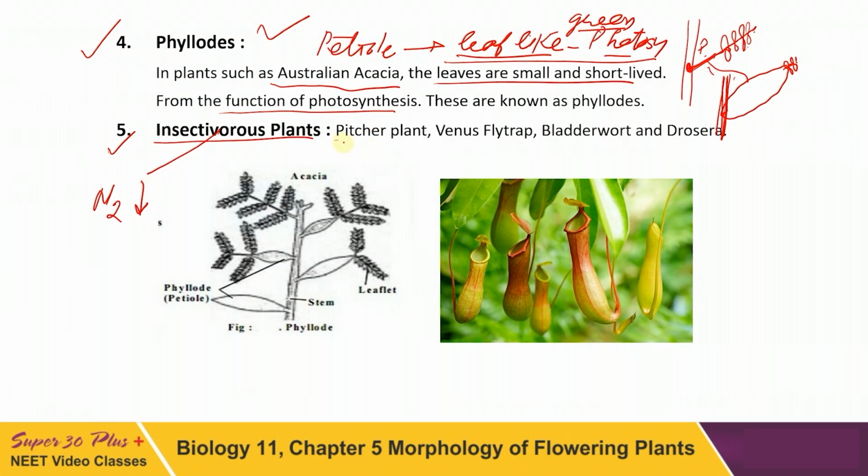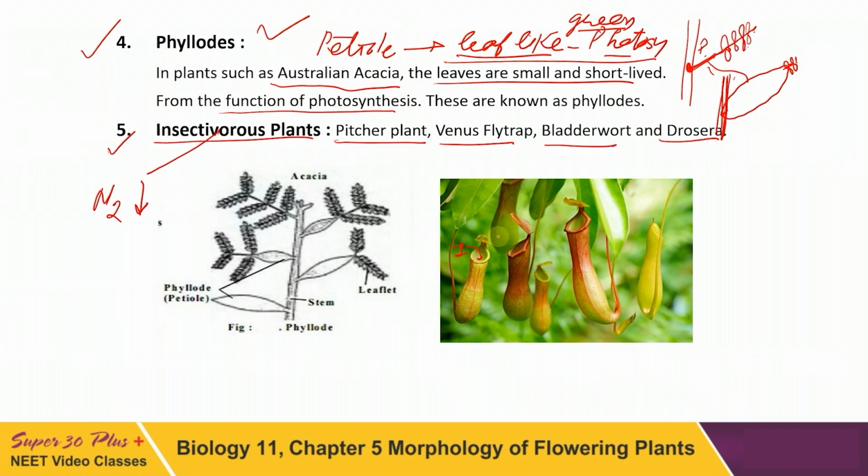Some examples are pitcher plant, Venus flytrap, bladderwort, and drosera. I can give the detail of one. This is the pitcher plant. You are seeing that the leaf lamina has become pitcher-like. The insect will enter inside, be trapped, and be digested.